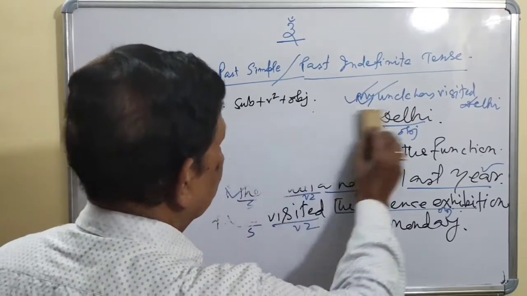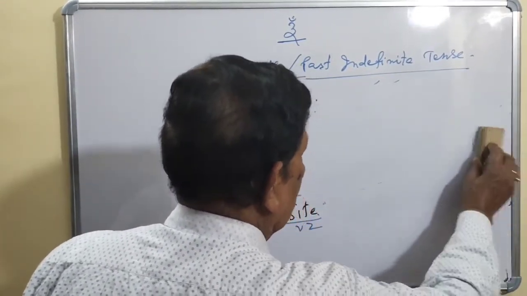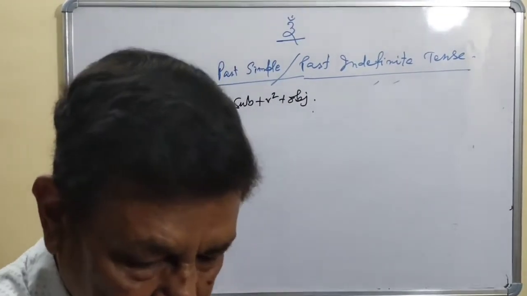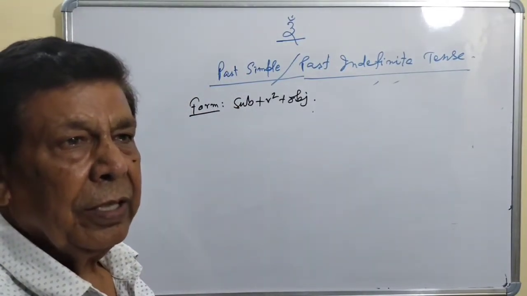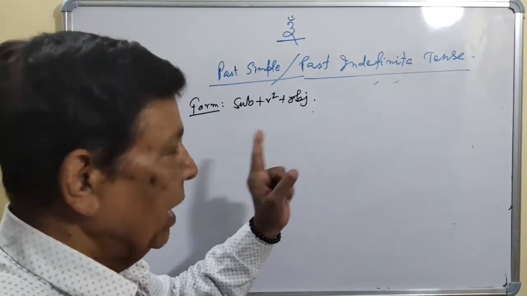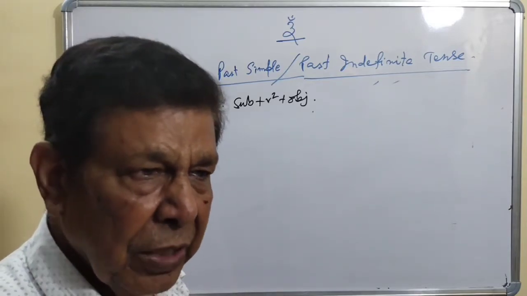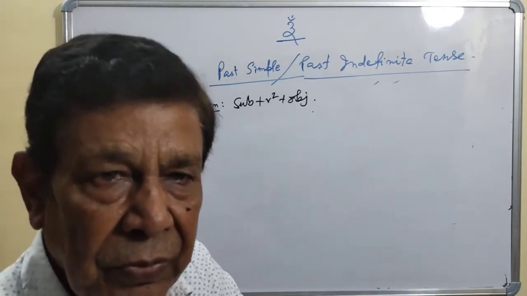So here, remember, I have given you the rules. That is, where time is mentioned, use simple past tense. Where no time is mentioned, use present perfect.